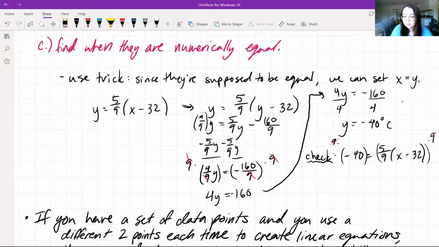So now when we multiply by 9, we're going to get negative 360 is equal to 5 times x minus 32.